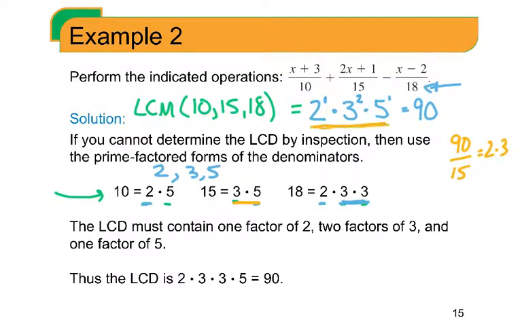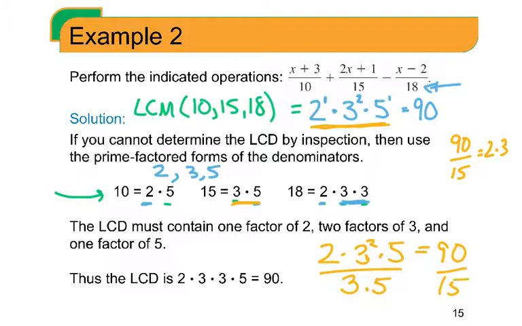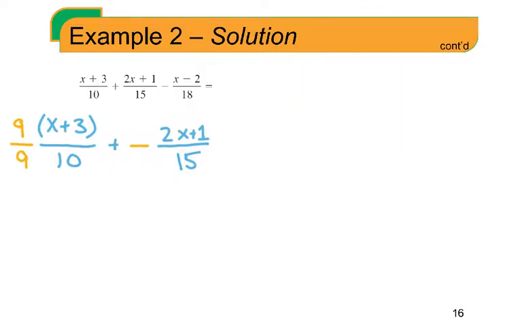I don't know if that makes sense to you what I did there. I said 2 times 3 squared times 5, which equals 90, divided by 3 times 5, which equals 15. This is useful if you don't have a calculator. Leaves me 6. So I need to multiply this by 6 over 6.